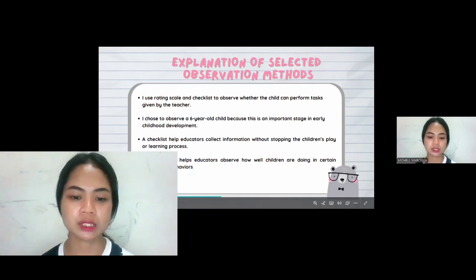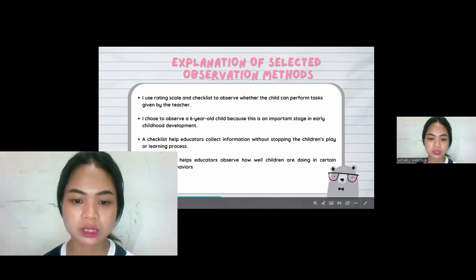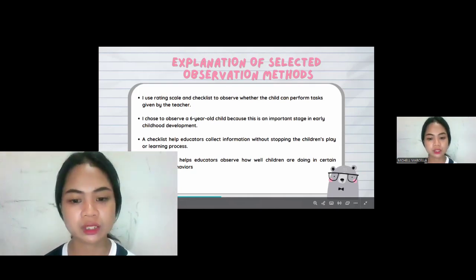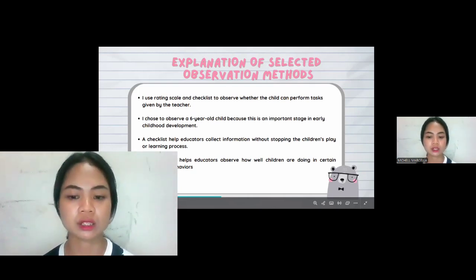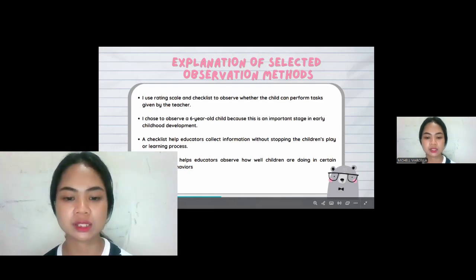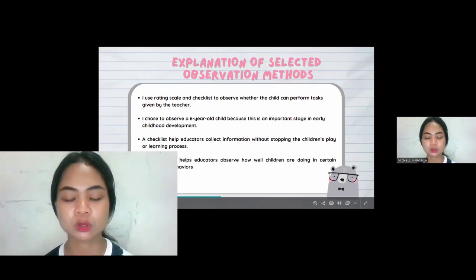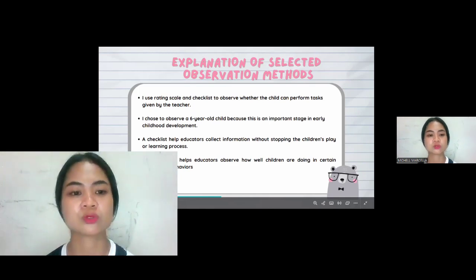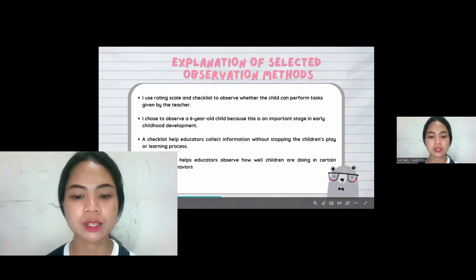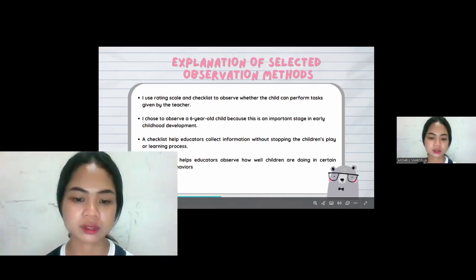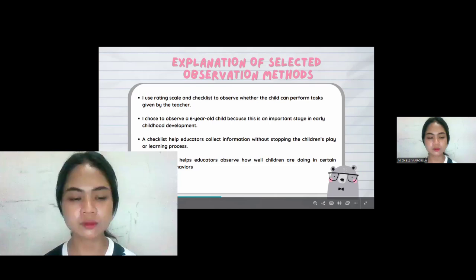The reason why is that observing 6 year old children allows us to see how their skills are growing and how children are adapting to learning in a more structured environment. They are also more expressive in their emotion, action, and talk at classroom.